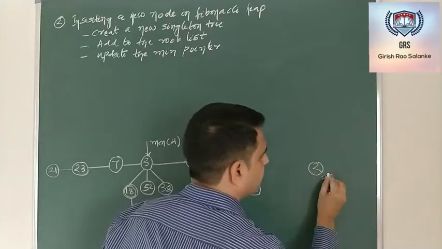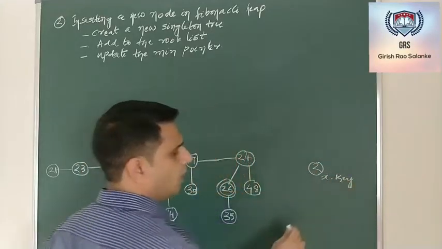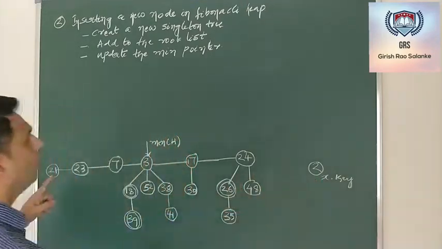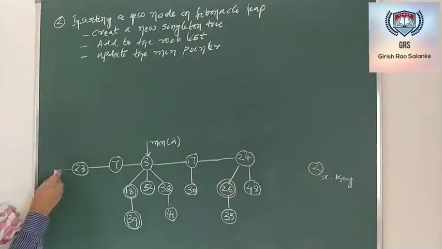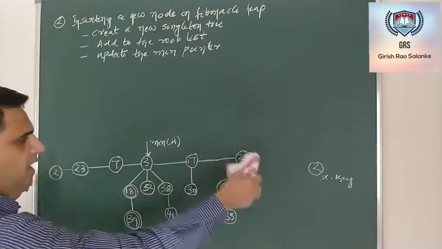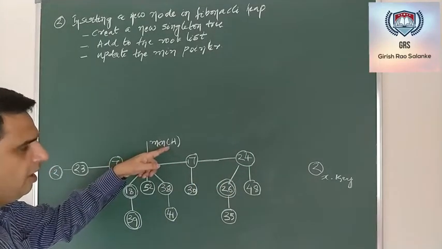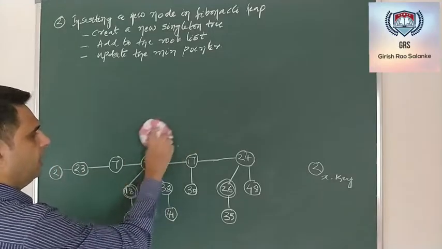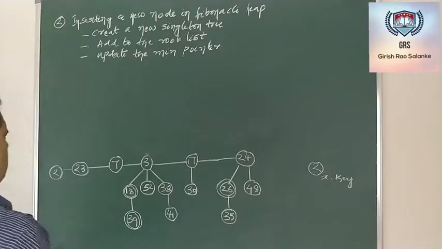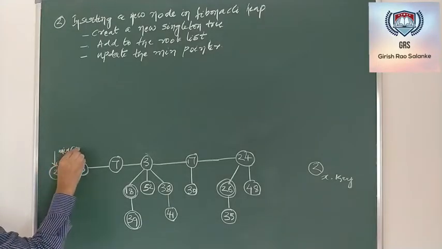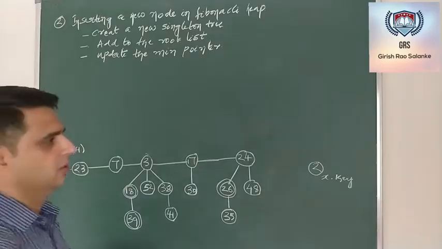That means my x dot key was 2. Now what am I supposed to do? I have created a singleton node. Now add the singleton node to the root list. Once I add it to the root list, I should make this min of h point to 2 because 2 is lesser than 3. I need to update this min of h to hold 2.